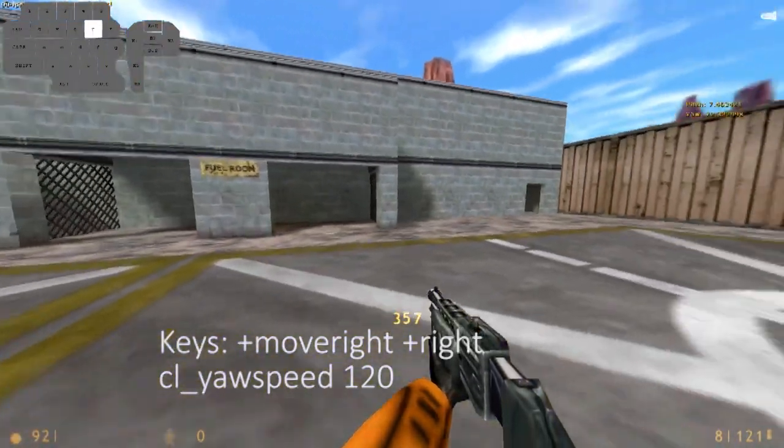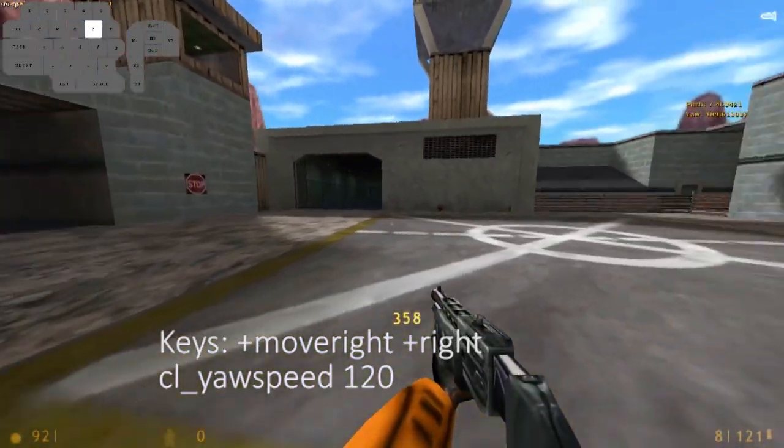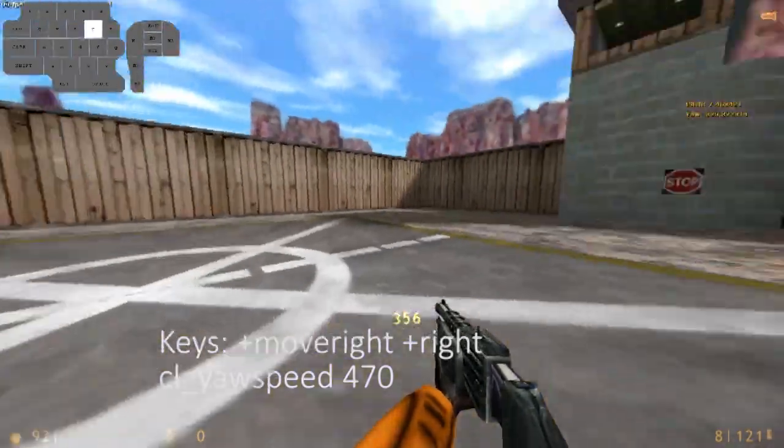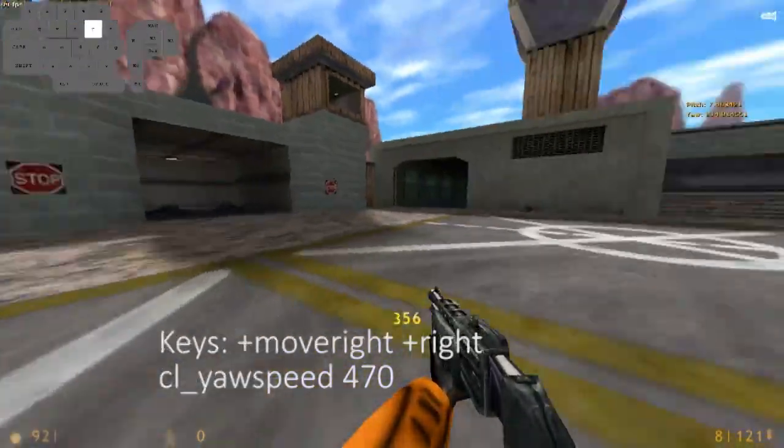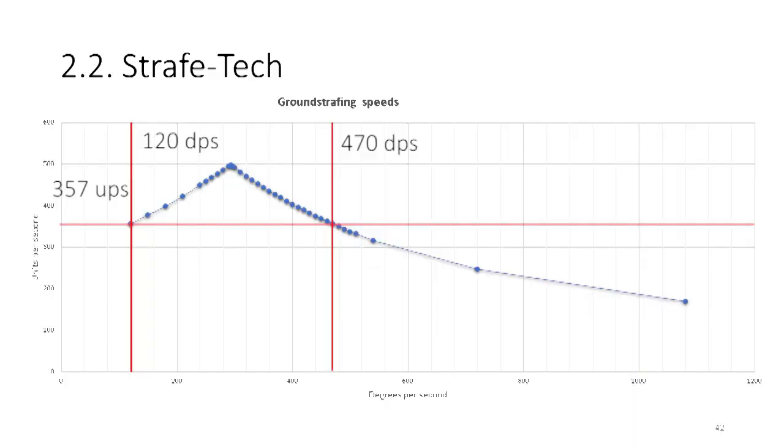As you can see, the ground strafing speeds, for example for 120 DPS and 470 DPS, are about equal. The reason for this again is that UPS from turning are limited to either not enforcing the pathway of the centrifugal force enough, or cancelling it by applying counter-amplifying movement force.